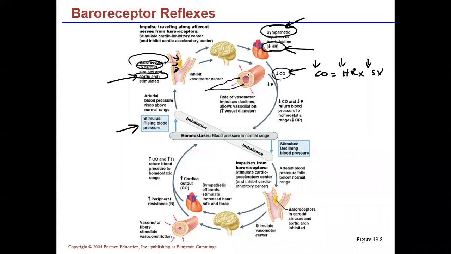Blood vessels, when they are releasing a little bit of neurotransmitter, let's say norepinephrine, are partially constricted. When you stop that, they're going to get dilated. When you release more, they're going to get more constricted. So in this case, it says that impulses decline. In other words, we're releasing less vasoconstricting neurotransmitters, and as a result of that, there's going to be vasodilation.